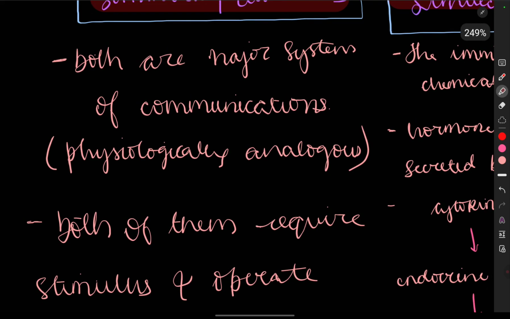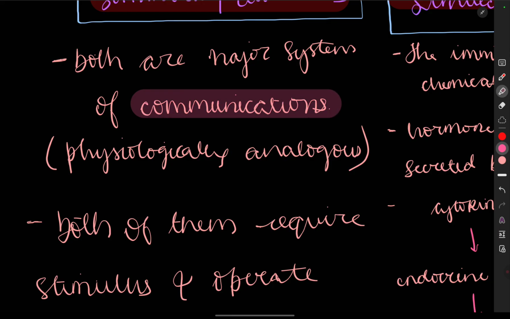The nervous system communicates with the body, telling it what is harmful for it and what is good for it. It helps in communicating with the organs, tissues, and cells of the body. Even the hormones play a major role in the system of communication.